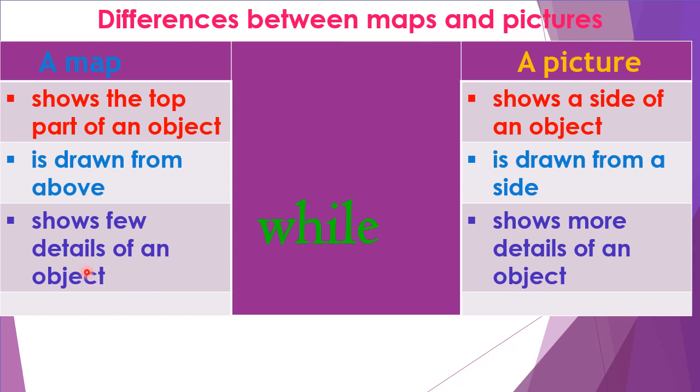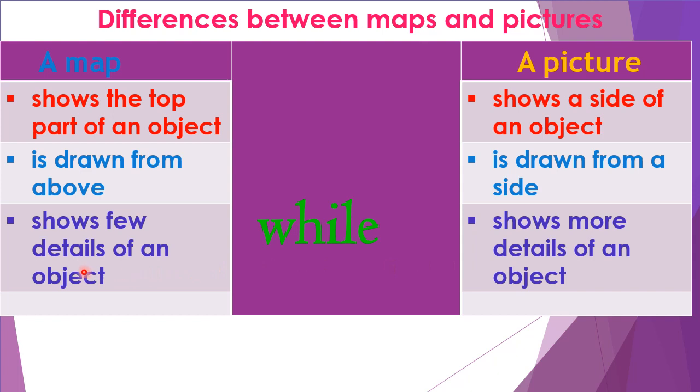Then there's another one. A map shows few details of an object. Remember the word details. Few things of an object. Like when you go back and look at the map of a tree, it is showing only the top part. Only few things. And while a picture shows more details of an object.